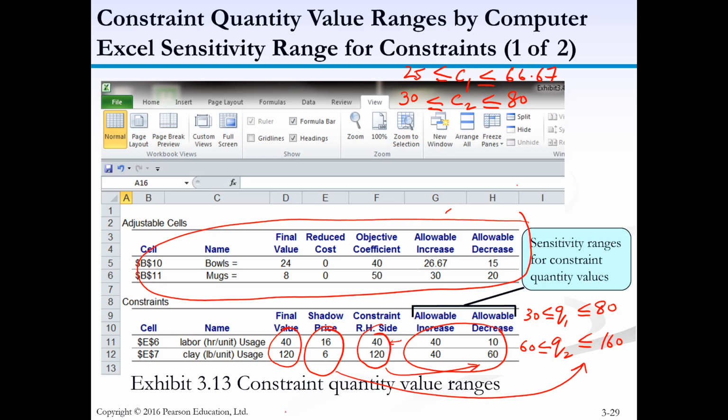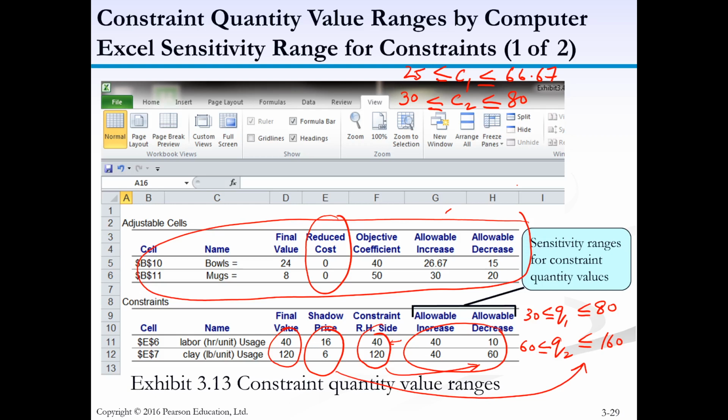There's one thing which is not explained yet, which is reduced cost. The concept is this: how much the profit should be increased so that that product or that variable becomes part of the solution mix.